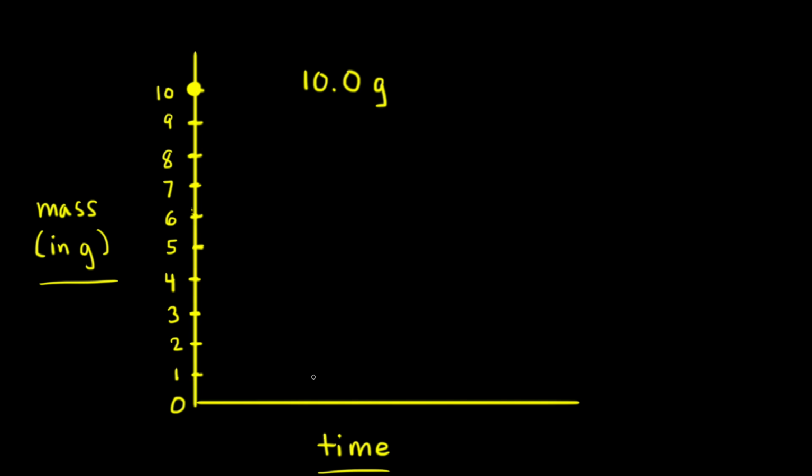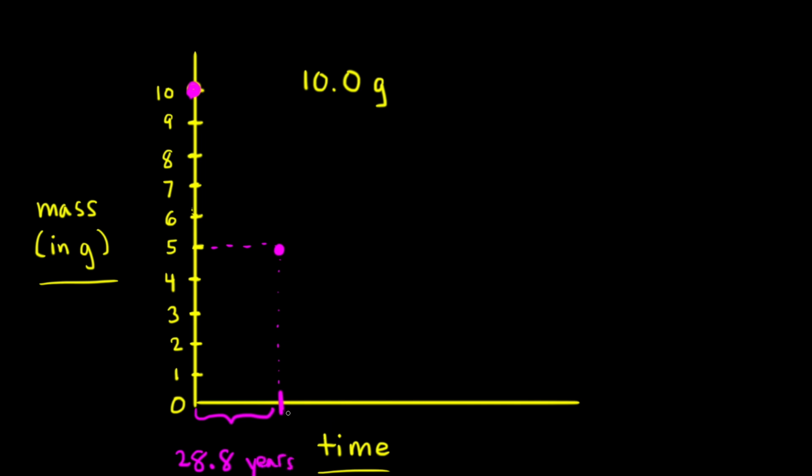Since the half-life of strontium-90 is 28.8 years, if we wait 28.8 years, we'll go from 10 grams to 5 grams. So the next point on our graph would be at 5 grams, and this time should be 28.8 years.